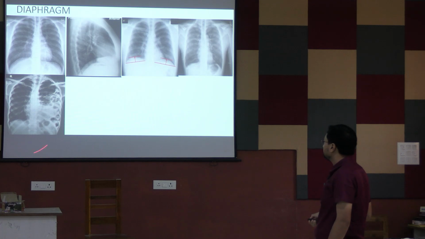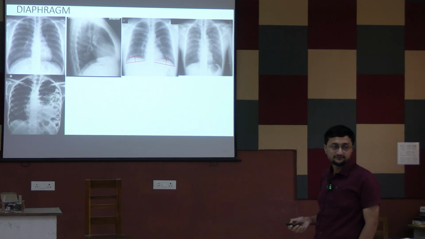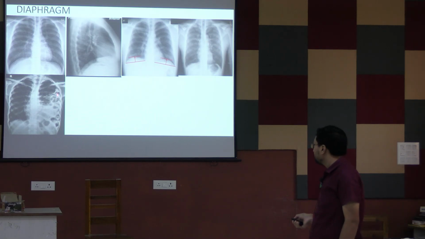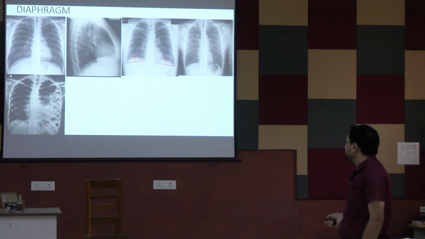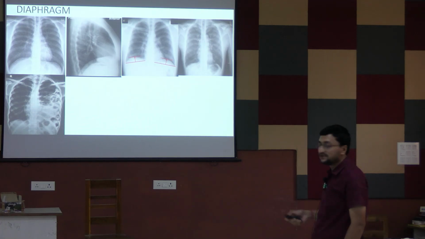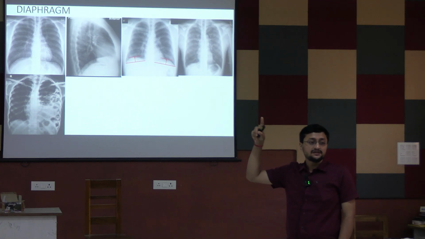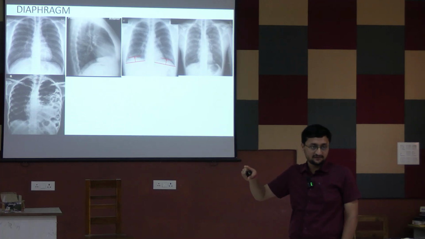And is there any abnormality in this X-ray? Yes, this is a case of diaphragmatic hernia because this is the colon shadow. These are the haustrations, and the colon enters through the diaphragm and reaches the thorax.